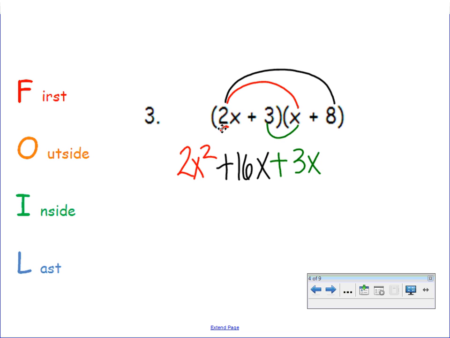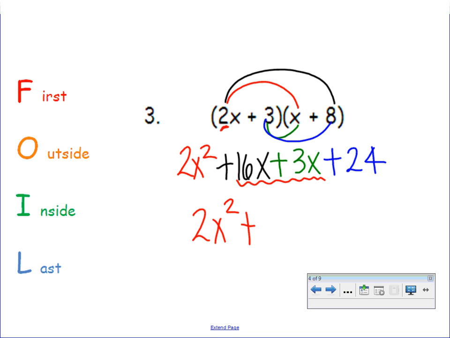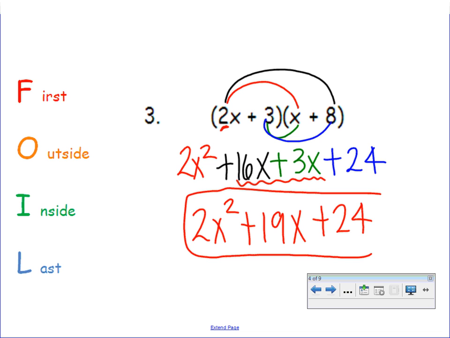And then last, we always do the L, the last terms. That gives me 24, 3 times 8. You're never done until you check to make sure you don't have any like terms to combine. Here we do. When I combine my like terms, I get 2x squared plus 19x plus 24. And there we have it.